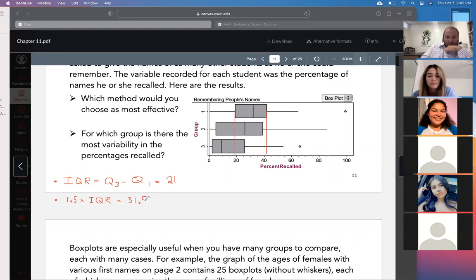All right, 31.5. Step 3. Take the Q1 and subtract that number. In our case, 31.5. But in general, take the Q1 and subtract this number. What was Q1 again? We said 19. So take 19 and subtract 31.5. What do you get?